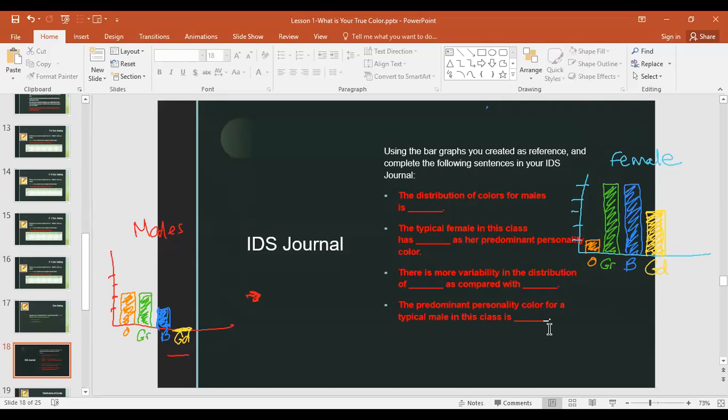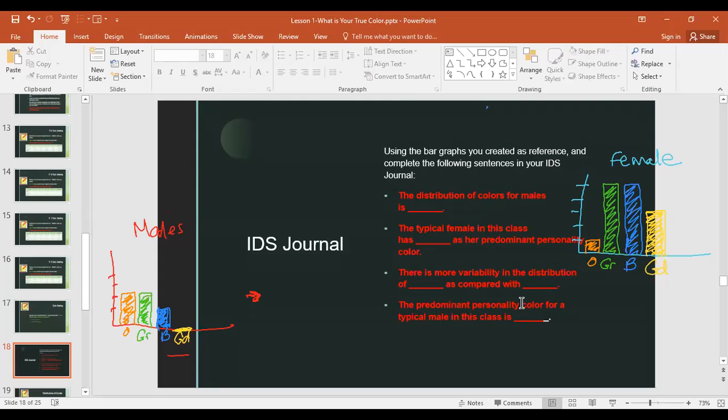We have a few questions that you need to fill in the blanks for, and the blanks may not just be one-word answers. Using the bar graphs you created as reference, complete the following sentences in your IDS journal. The distribution of colors for males is blank. The typical male or the typical female in this class has blank as her predominant personality color.